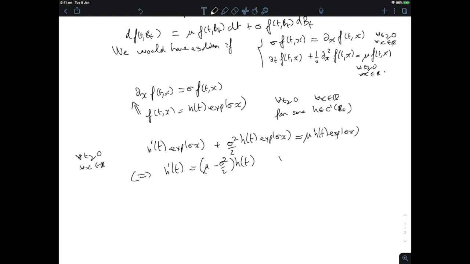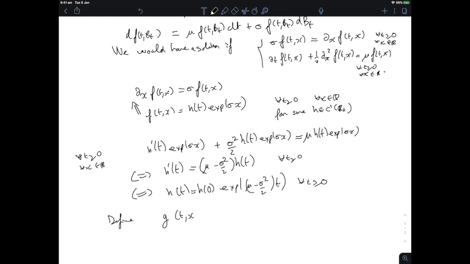Now we know how to solve such ordinary differential equations. The solution of that should be h of t equal h of 0 times exponential of mu minus sigma squared over 2 times t, for all t. Okay, so if we pick f in this specific form, so let's not call it f, let's call it g.